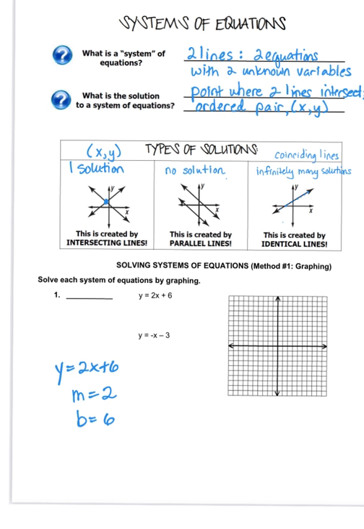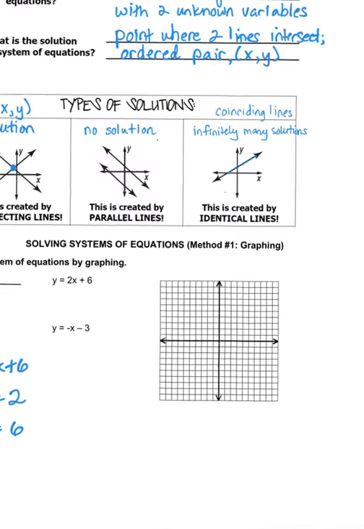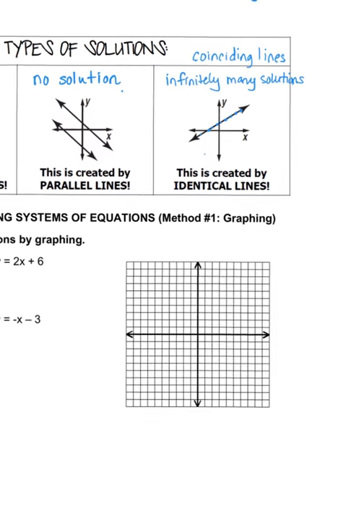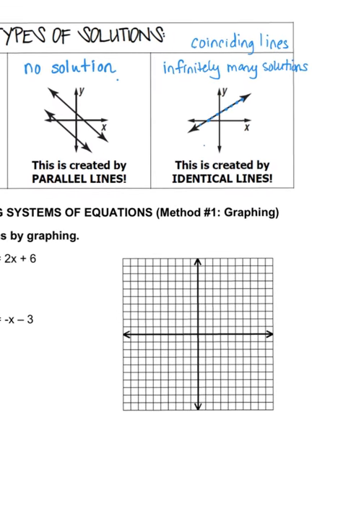And what that looks like once I graph that: my y-intercept is 6. If I count up on my graph, I've got 1, 2, 3, 4, 5, 6. There's my 0, 6. And then my slope is 2 over 1.